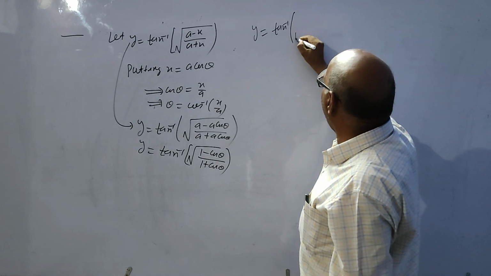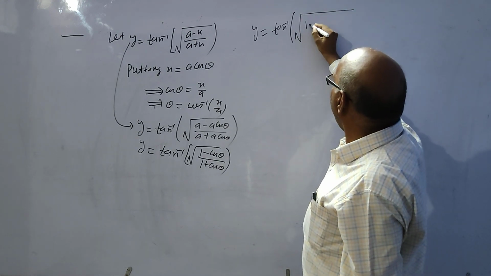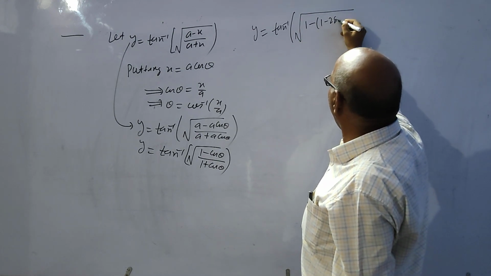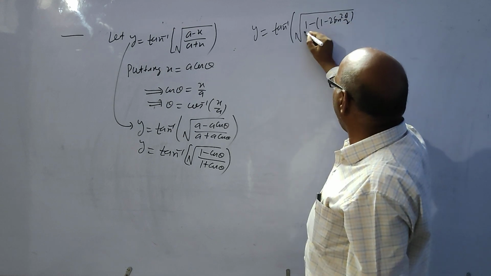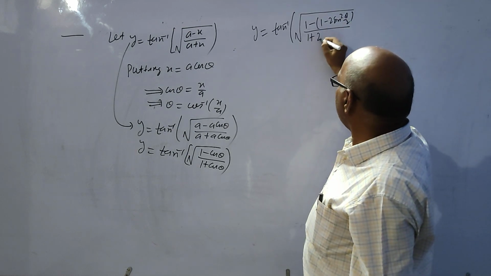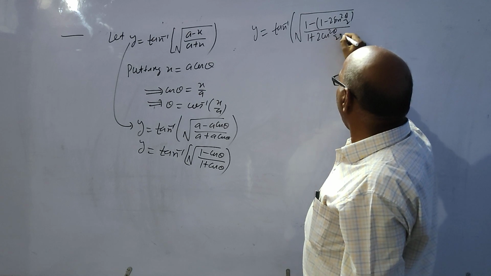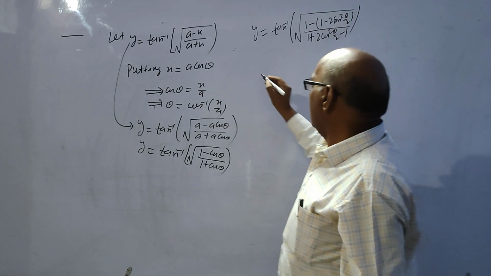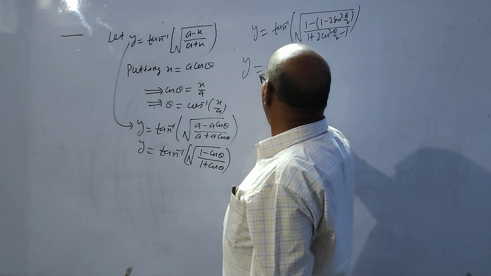So this is under root 1 minus 2 times sine square theta by 2 upon 1 plus 2 times cos square theta by 2 minus 1. Now therefore y is equal to how much?